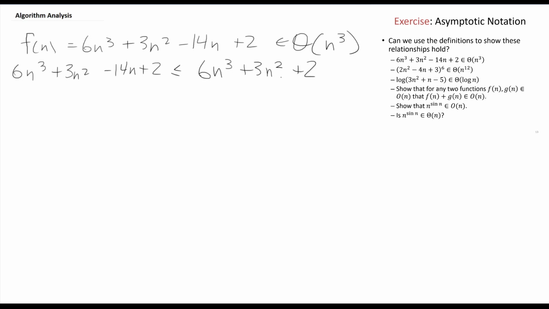We're not there yet. Remember, what we want this to be at the end is something that's less than or equal to b times n cubed. And so far we still have an n squared term and a constant term, and we might want to do something with them.